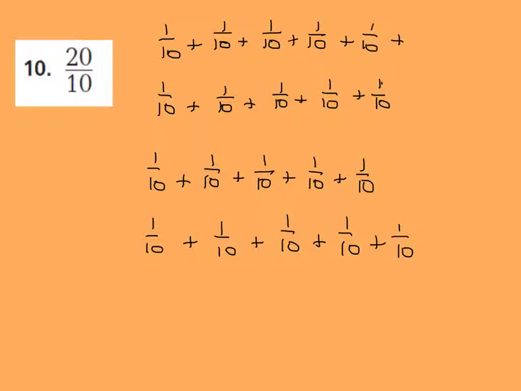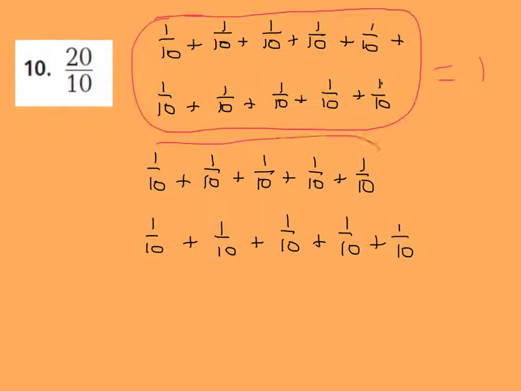And remember, to make a whole, you have to have 10/10. So I'm going to group 10/10. That's going to be 1/10, 2/10, 3/10, 4/10, 5/10, 6/10, 7/10, 8/10, 9/10, 10/10 equals 1 whole. And I have another 10/10 right here equals another whole.